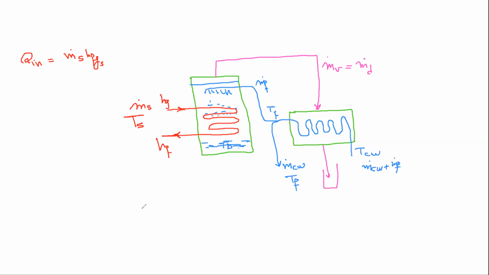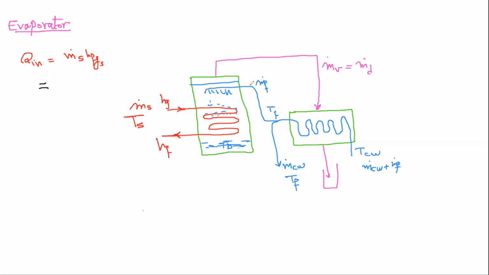If we need to make an energy balance, the energy balance is going to be for the evaporator, as well as for the condenser. So for the evaporator, this is the energy N coming through the steam. And this energy N is going to do two things.